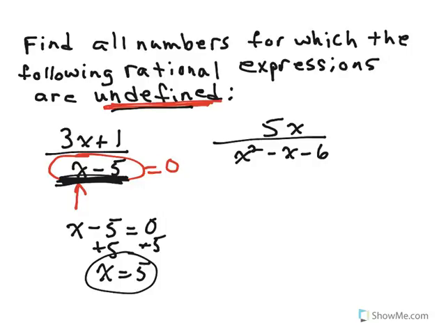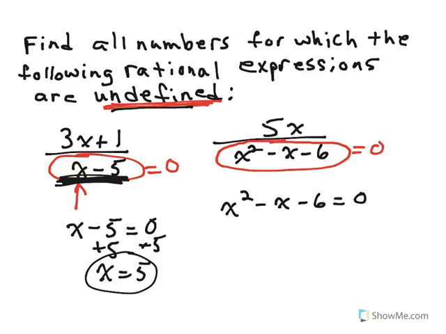In the second example, 5x over x squared minus x minus 6, again, we are looking for all values of x that will make this denominator equal to 0. So we set that denominator equal to 0 and solve for x. This is a quadratic equation, so we must factor. Factors of x squared are x and x.